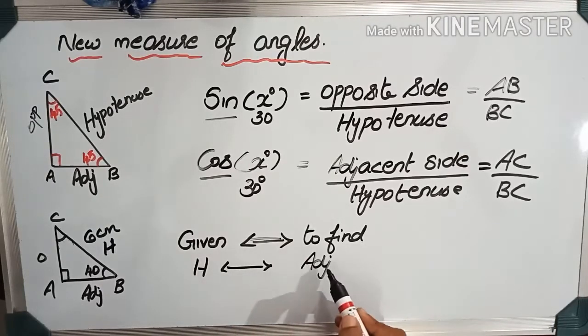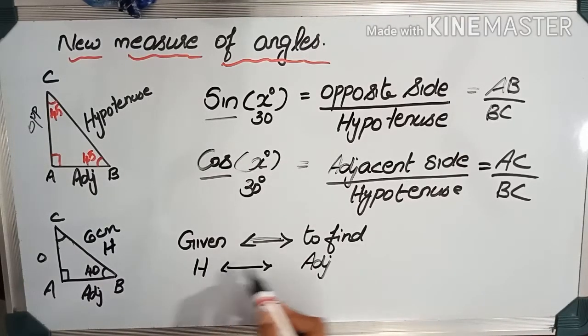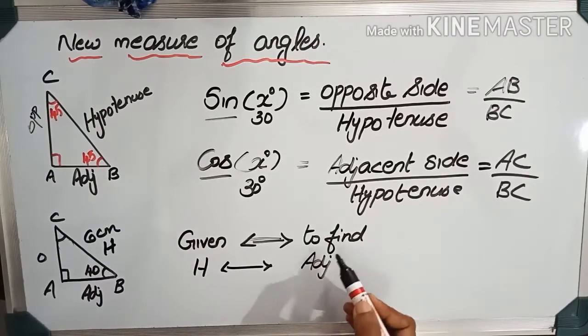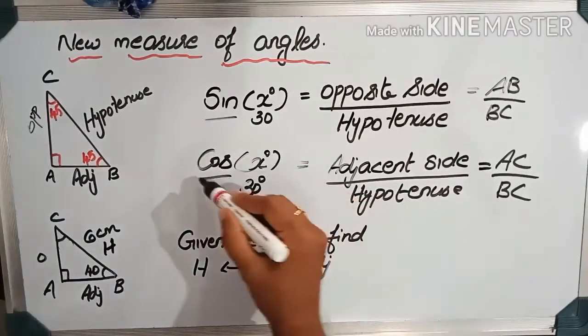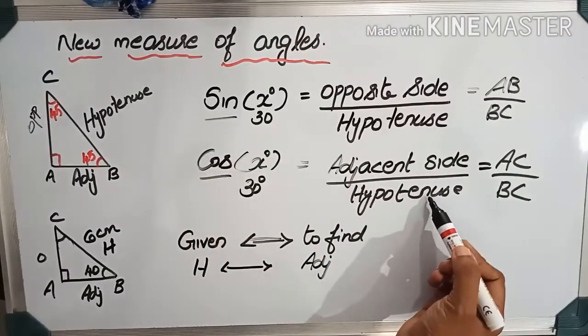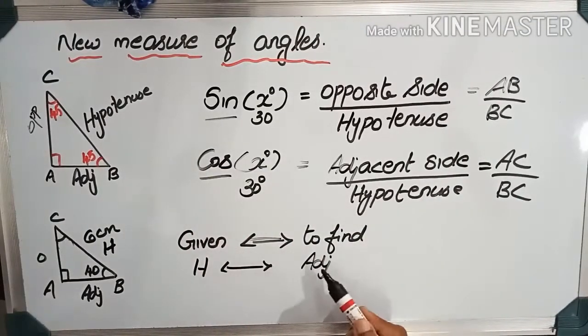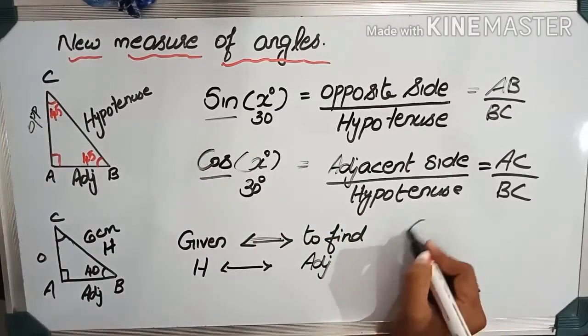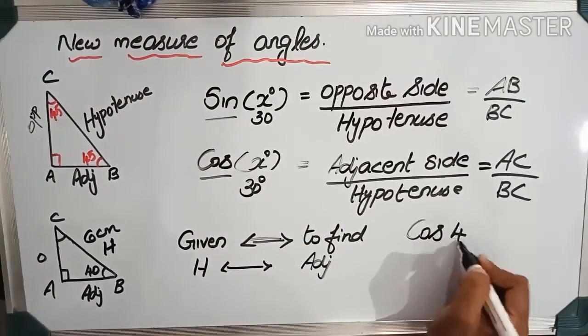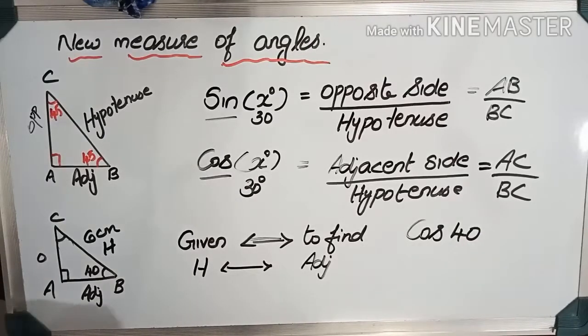The relation between hypotenuse and adjacent side comes in sine or cos? It comes in cos, because cos is adjacent side by hypotenuse. That means cos 40 you have to consider, not sine 40, because we don't want the opposite side.